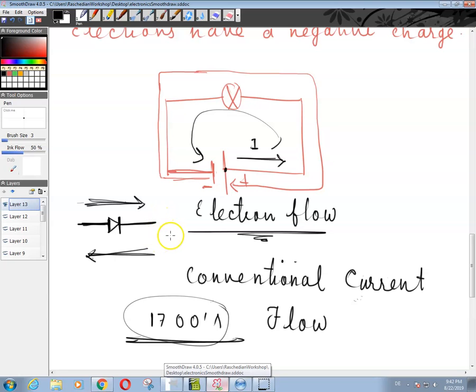Now, long story short, in this book we are still following the conventional current flow and not the electron flow.